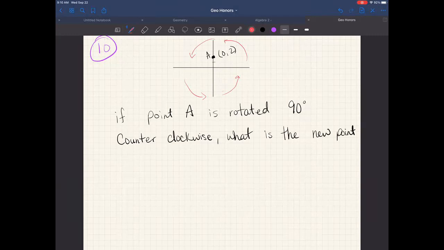So this is where that chart that we had to use a lot when we did our transformation packet comes in handy, okay? So Maya and Martina are correct.